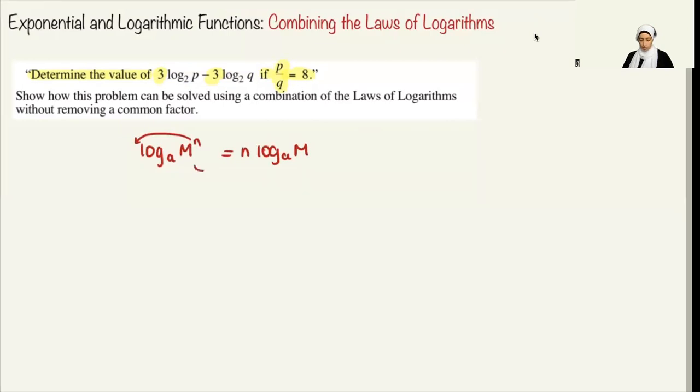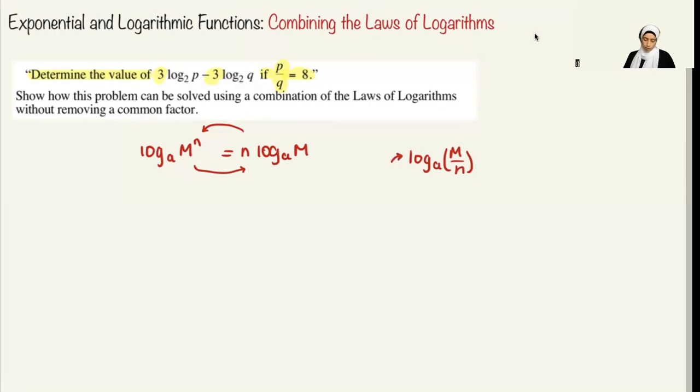If I can go in this direction, then I can always come back in this direction as well. So if I have it sitting outside, then I can always bring it to the top. And the reason we want to do this is because the only way we can use the rule for quotients where I have log base a of m over n is if there's nothing out here. Okay, so I need to make sure that that is not there.